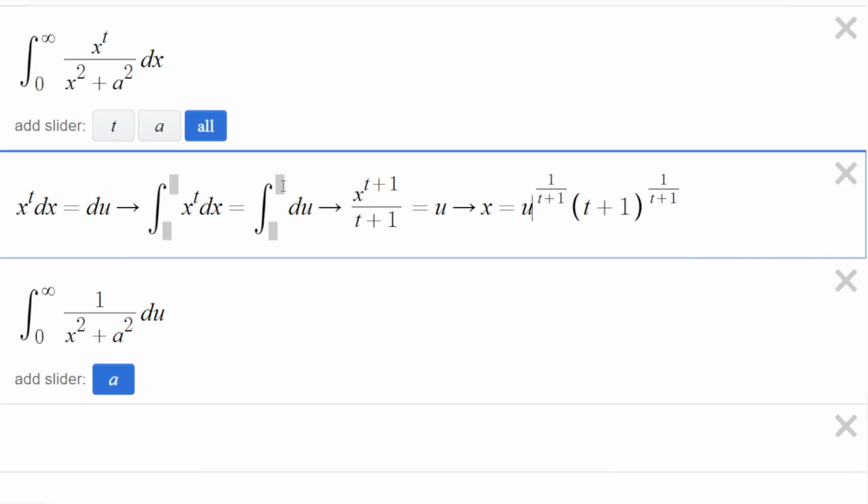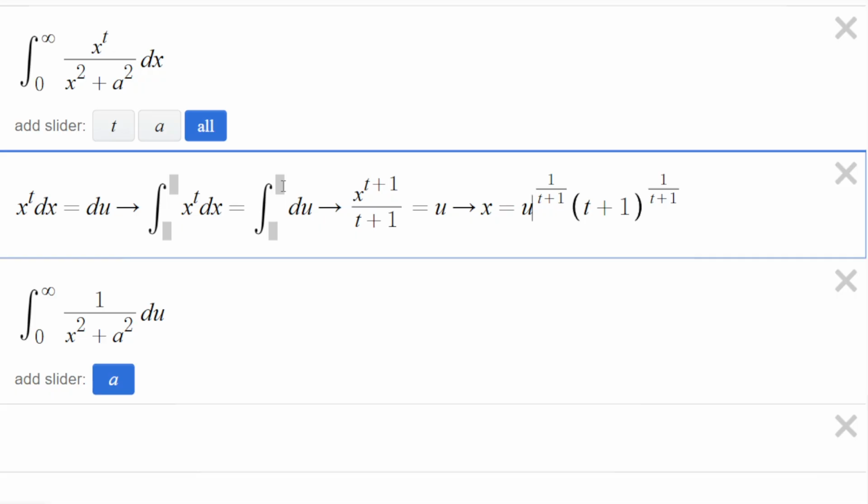If x is infinity, then the only thing that would make it infinity is if u was equal to infinity. And if x is equal to 0, the only thing that would make it 0 would be t equal to -1, but that's not one of our variables of integration. So the only thing that would make it 0 is 0. So our bounds of integration do not change.